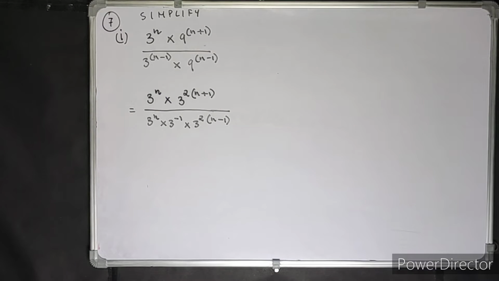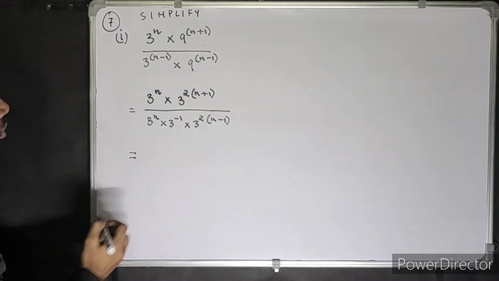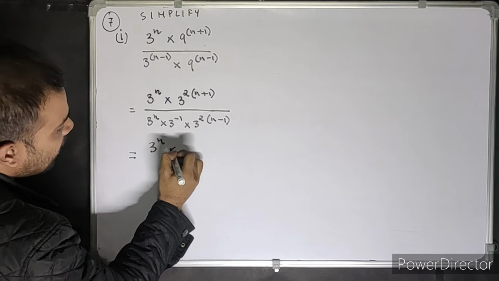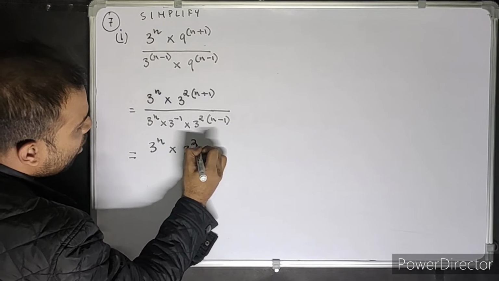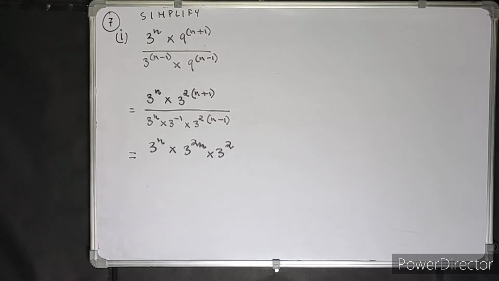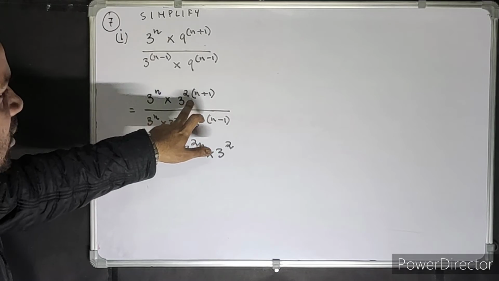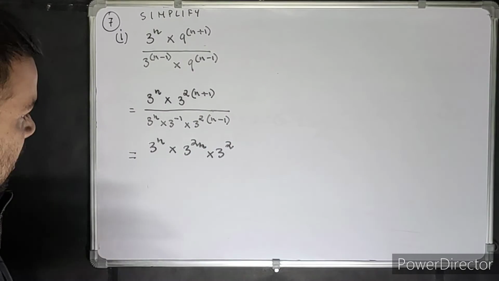Look. Ink is finishing, so we'll not be able to do many. 3 to the power n into 3 to the power 2n into 3 to the power 2. Those of you confused, look. 3 to the power 2n plus 2, right? When the powers are added, what happens? Then it gets multiplied.